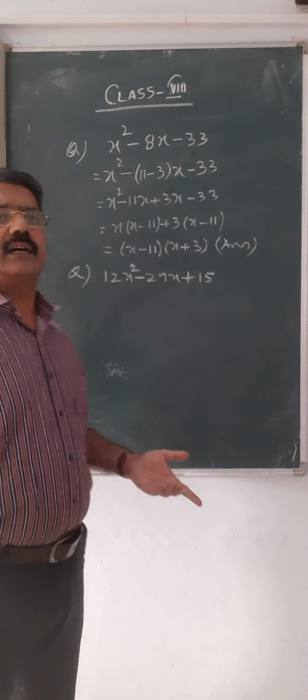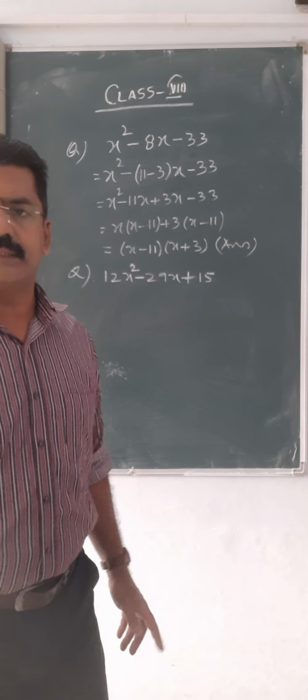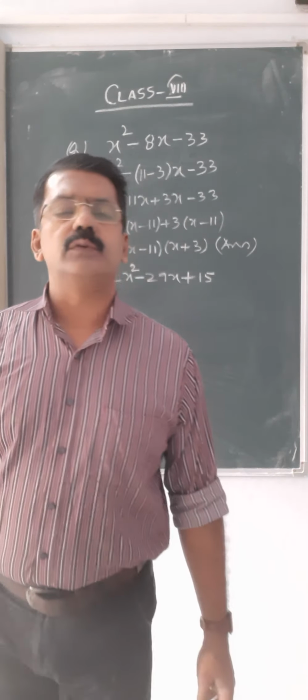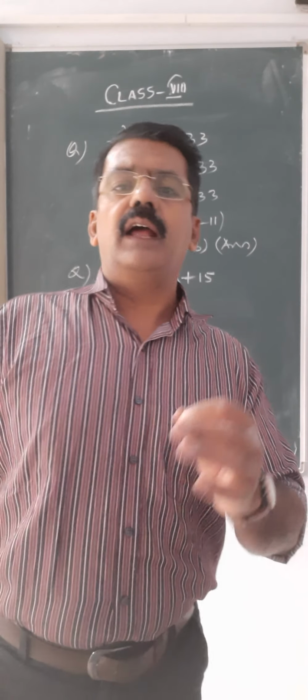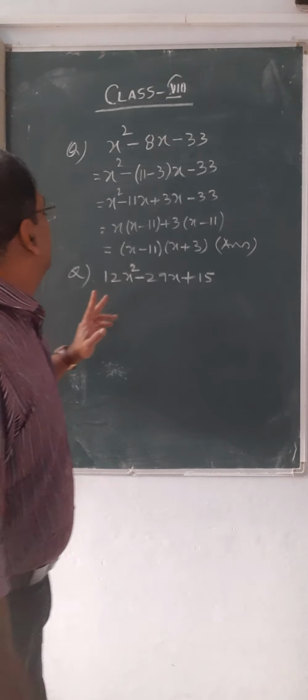Now again it is a quadratic expression and it is a trinomial, so we are going to factorize it by splitting the middle term. Now there is a difference.